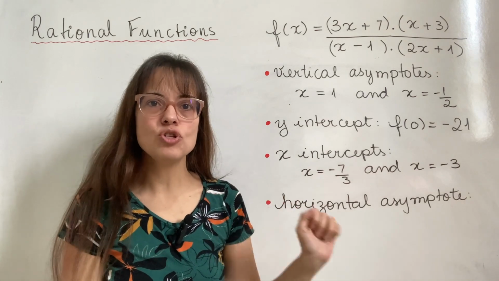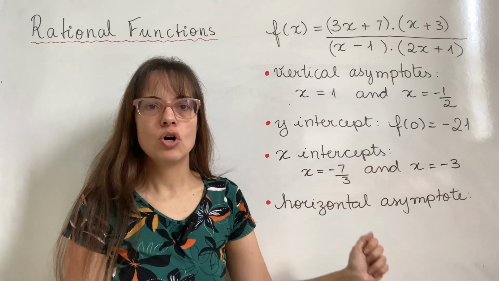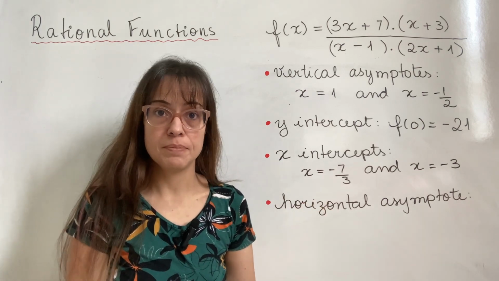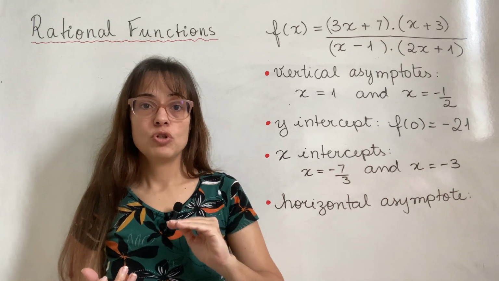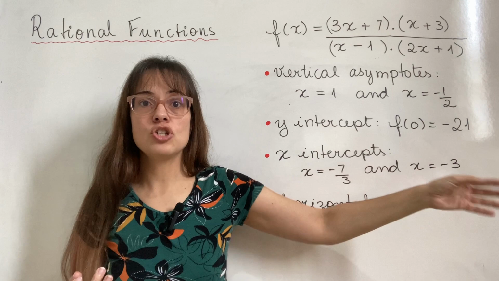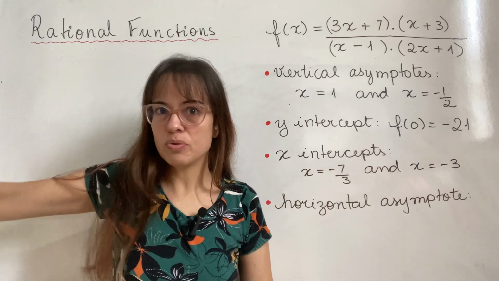Now, it is an interesting question as to whether I can have more than one horizontal asymptote or not. Because technically what a horizontal asymptote is what happens to the function when x is very large. And I keep pointing very large to that side, but there's also that side.